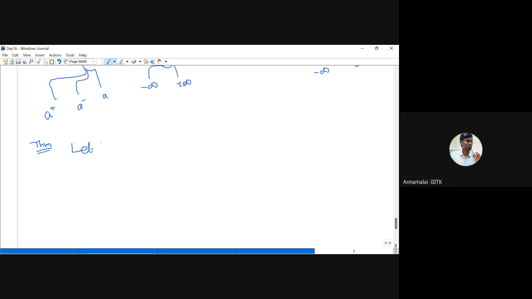Let J, a subset of R, be an interval, and f a function defined on J to R that is an increasing function.